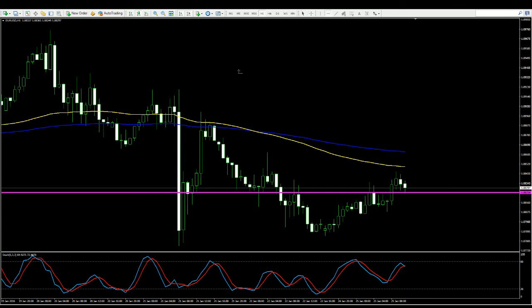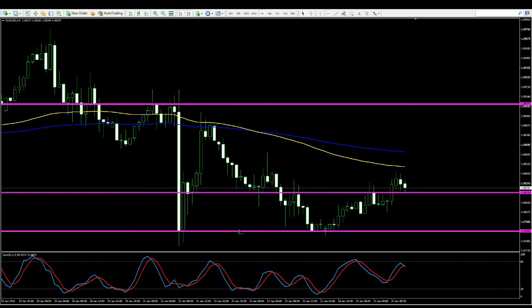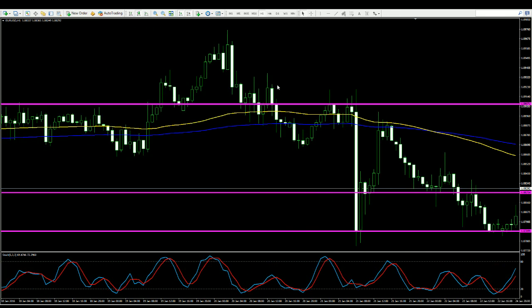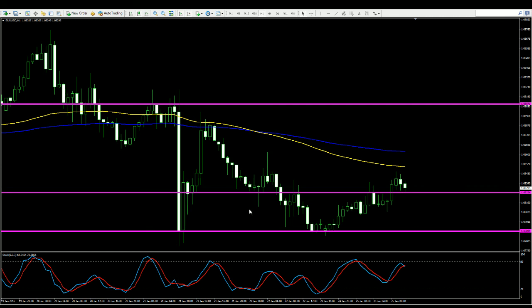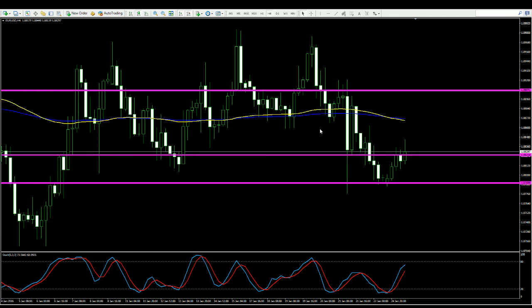So the question was, would the news change the direction? As you can see, the price was kind of oscillating between moving either above the EMAs or below them. And as soon as news came out, boom, price dropped heavily. So there's your answer.